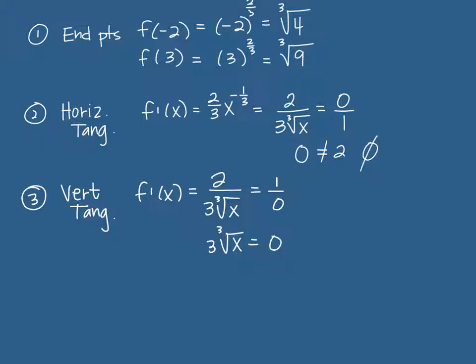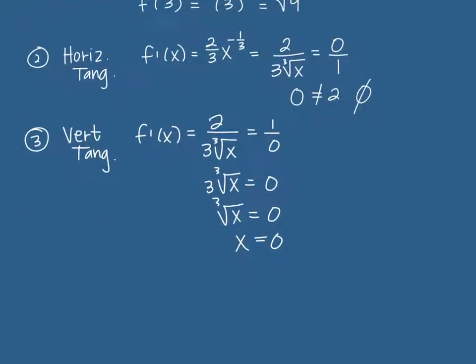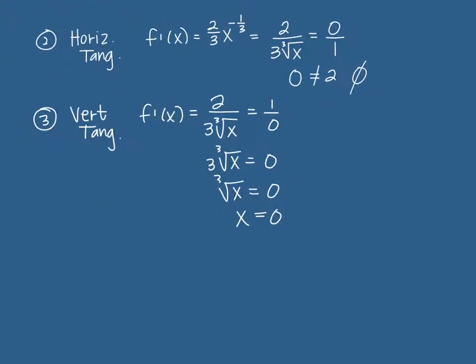And that is something you can solve. So the cube root of x must be equal to 0, and if you cube both sides, x is equal to 0. So I get a valid value, and it is within my interval. And so then I need to find what f of 0 is. So f of 0 is 0 to the 2/3, which is 0.